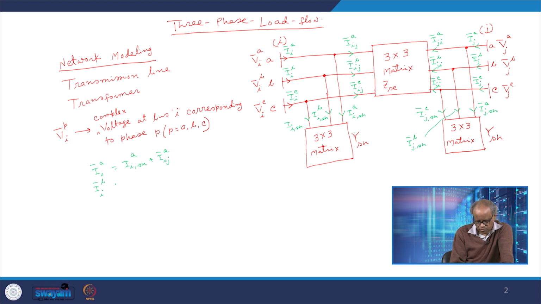IIB is equal to I shunt B plus IIJB, and IIC is equal to I shunt C plus IIJC.